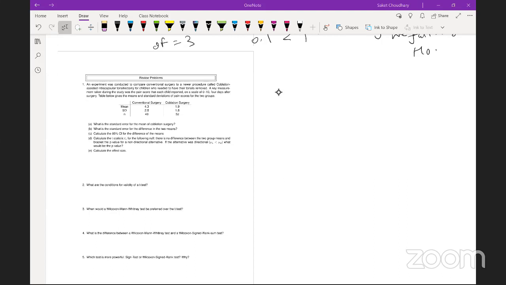So before we get started, what do you think is this setting? Is this paired? Is this unpaired? Think about it. It's not given in the problem.